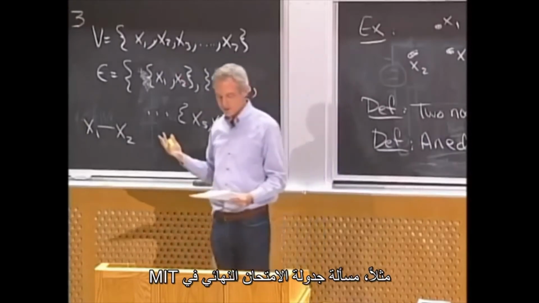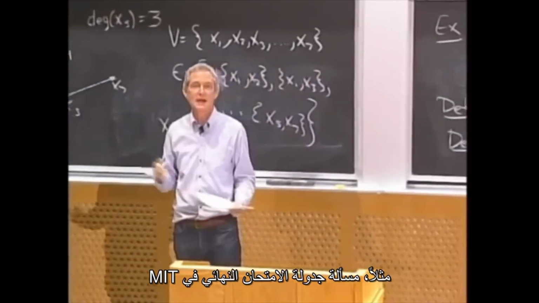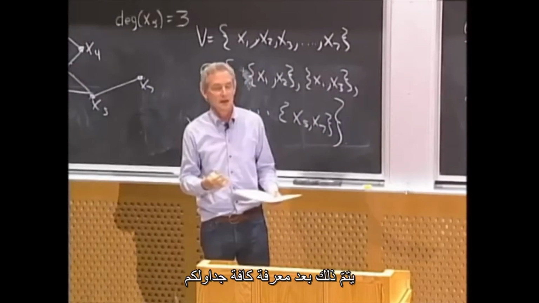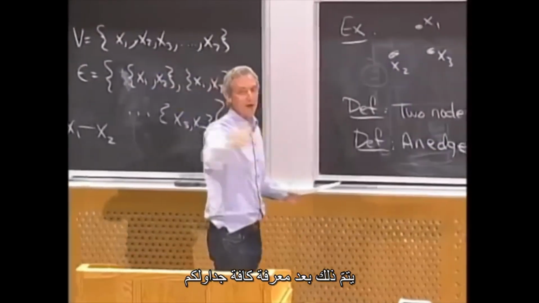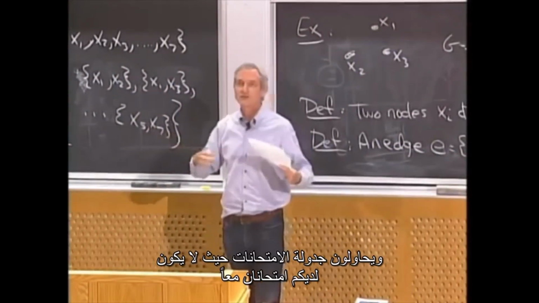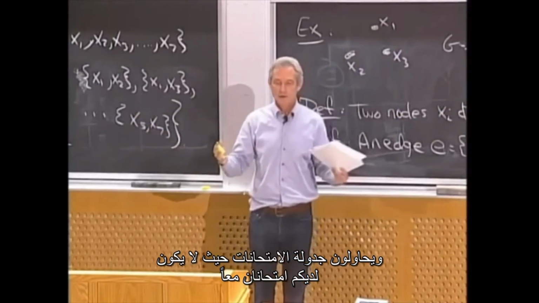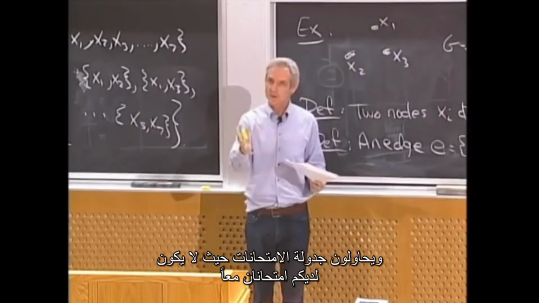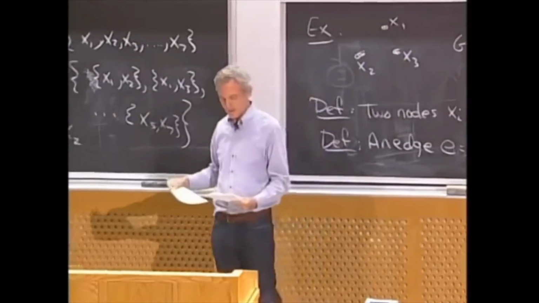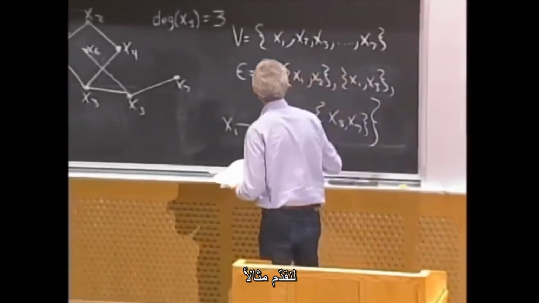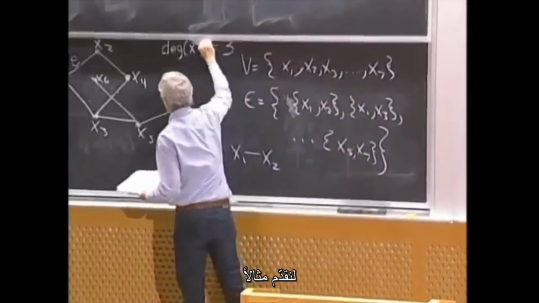For example, consider the problem of scheduling final exams at MIT. And they do this after they find out all of your schedules. And they try to schedule the exams so that you don't have to take two at once, or there's as little of that as possible. For example, let's do an example here.